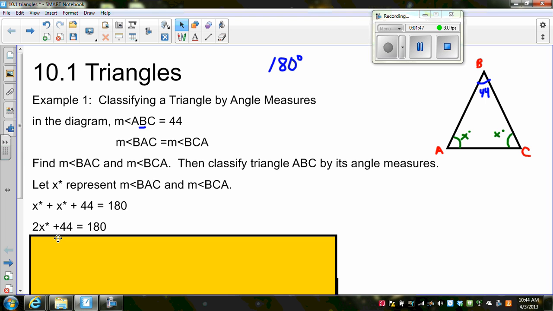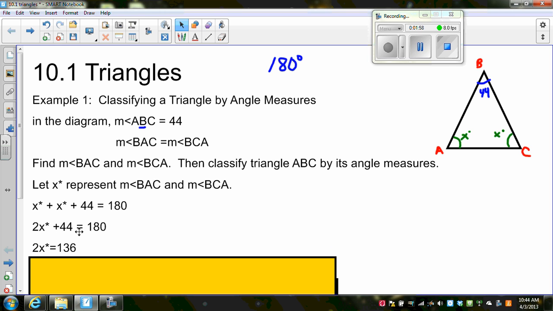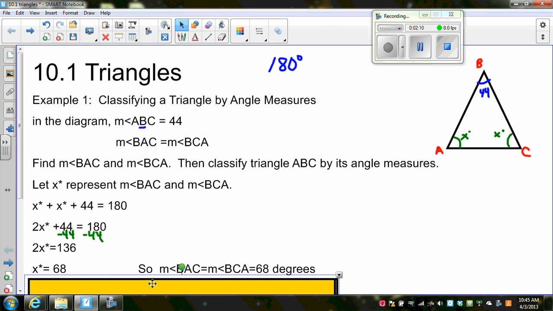We can then combine our like terms. So we have 2x plus 44 equals 180. If we subtract 44 from each side, we're left with 136. And the last step, now we can divide both sides by 2.